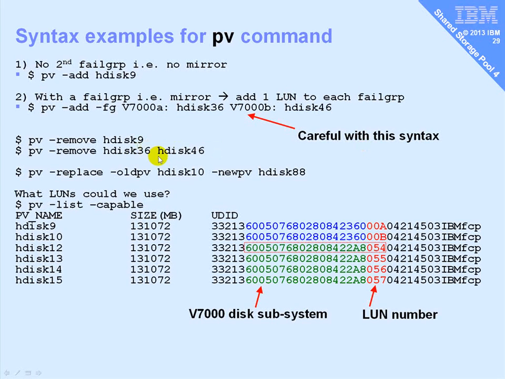When we're taking disks out, of course, it doesn't have to be matched up failure group for failure group, but that would make sense. Take a LUN out of both sides of the mirror at the same time. We've had a similar command with the change storage pool, but now it's the PV replace, so that will take out this disk by copying all the used blocks on it to the new disk, and then this will be freed up for other use.